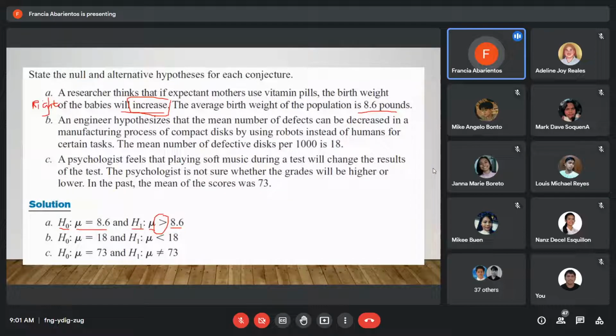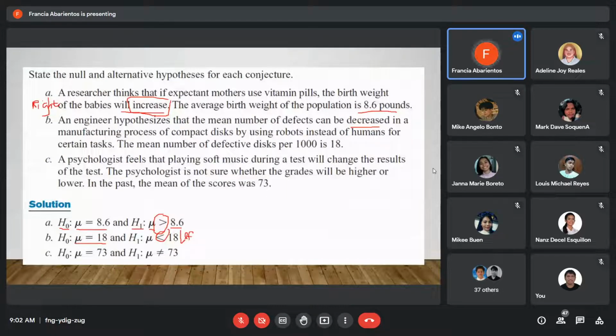So the mean number of defective discs per 1,000 is 18. Given the mean, which is equal to 18, the common phrase here is decreased. Therefore, this will fall under the less than, and this is the so-called left-tailed test.